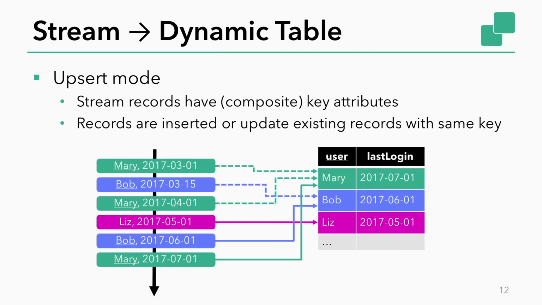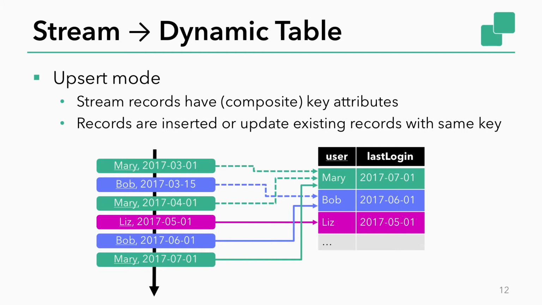The second mode to convert a stream into a table is called upsert mode. And here we define that one or more attributes in the stream are primary keys on the stream. And whenever we see a record coming from this stream, we insert it into the table if it's a new key, or we replace the existing value if the key is already known.